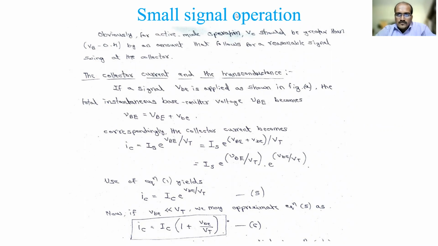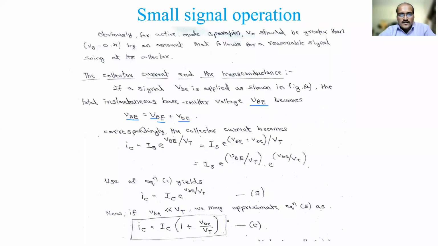The total instantaneous base-emitter voltage vBE is nothing but the DC base-to-emitter voltage plus the AC base-to-emitter voltage. Here everything is small, here everything is capital, and here the letter is small and the subscript is capital.